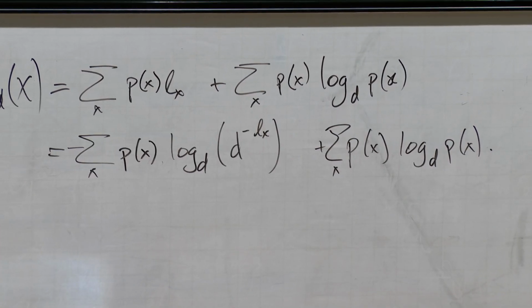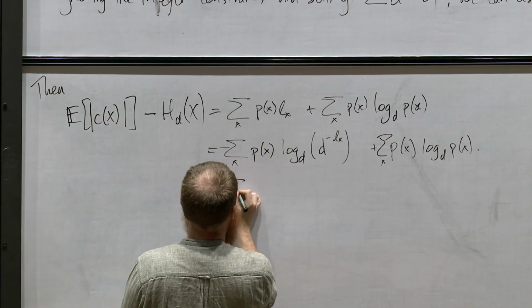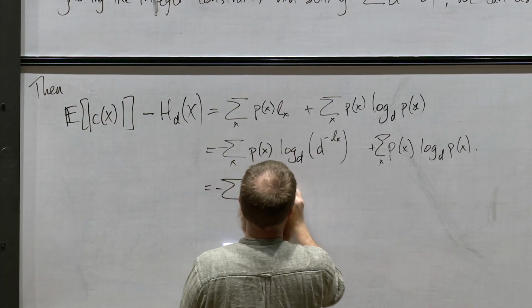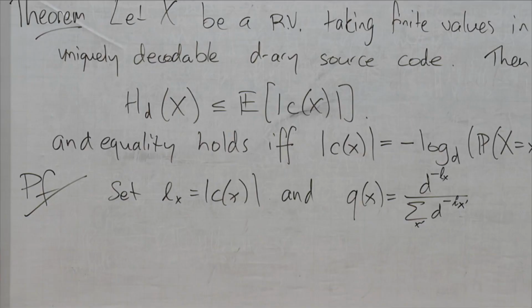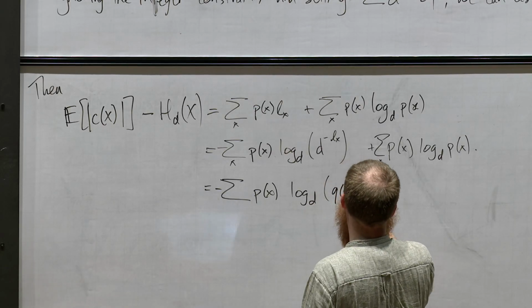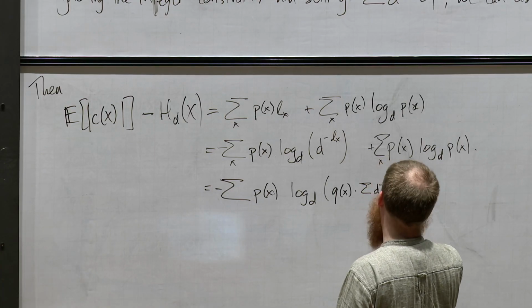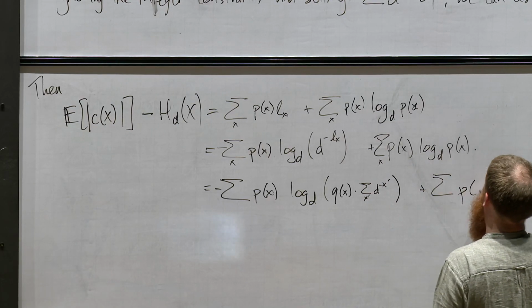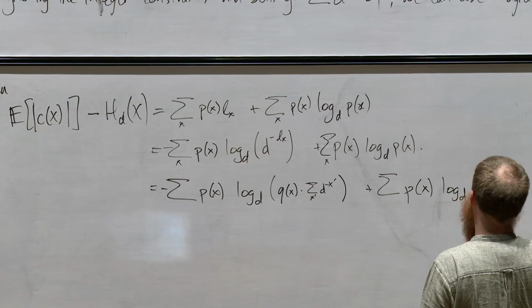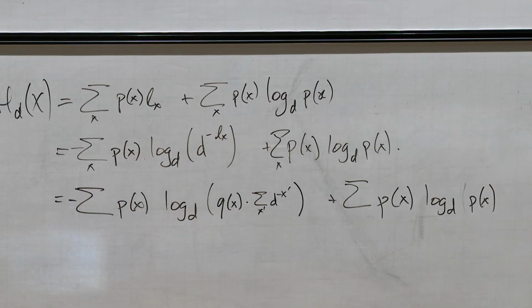Okay, so now I look at this. Well, this is the same as minus the sum of p(x) log to the base D of, well, that's the term that appeared in q(x). So it's q(x) times the sum of D to the minus L(x'), plus the sum of p(x) log_D p(x).